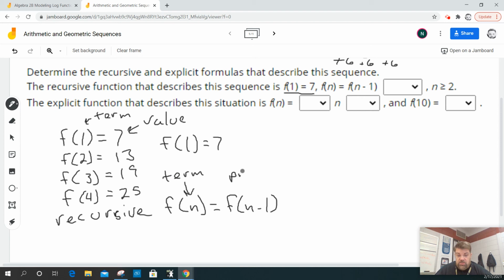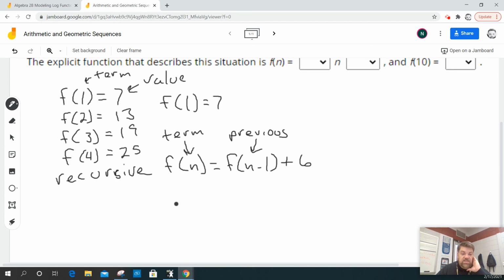This is the previous term plus 6. So up here, you're just going to put plus 6. And what this is saying is I just take the previous term and I add 6 to it to get the next term. So let's step through that. To get f of 2, I'm going to take f of 2 minus 1, and then I'm going to add 6 to it.